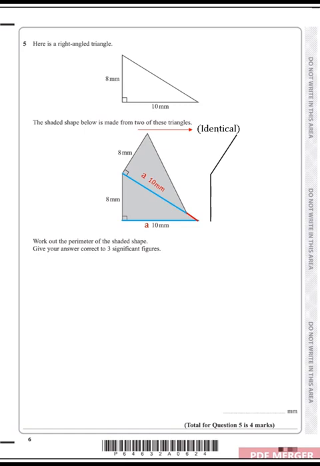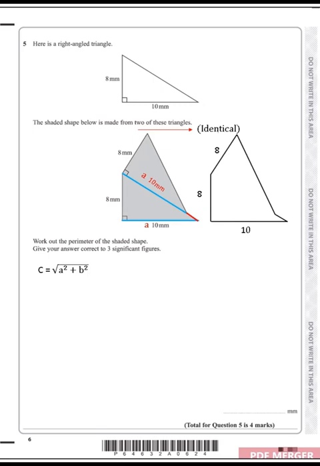Because this is the perimeter of the shaded shape, it's only involving the outside of the shape. So we know this is 10, 8, 8. Now we need to work out the hypotenuse. To do that, we use Pythagoras' theorem because it involves 3 sides. Given that we already know 2 sides, we can work out the missing side.